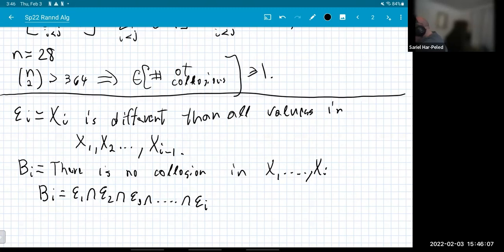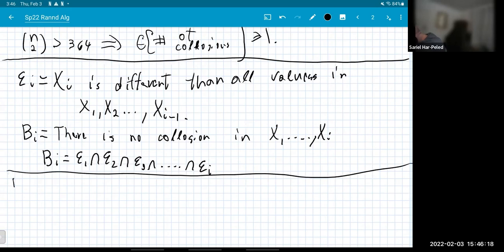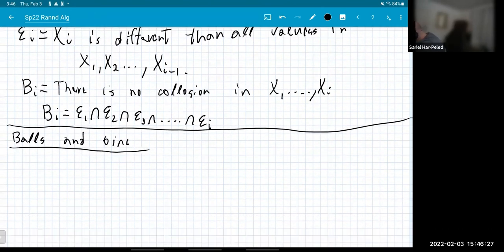By the way, I should maybe, before going any further, define this problem, because I'm going to use this language. People like to speak about balls and bins. The idea is that you have m bins: bin 1, bin 2, bin m.